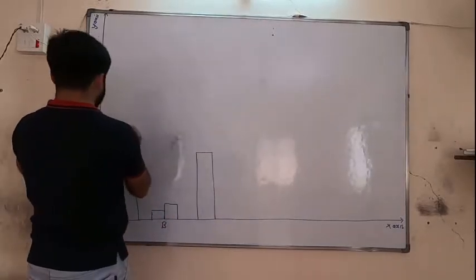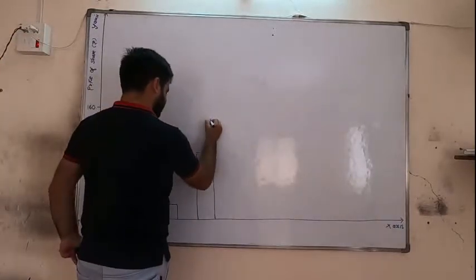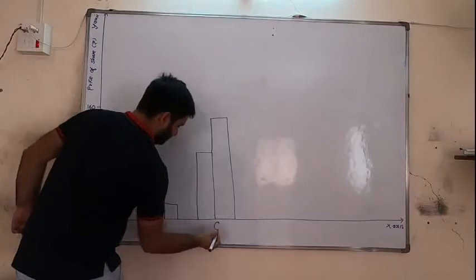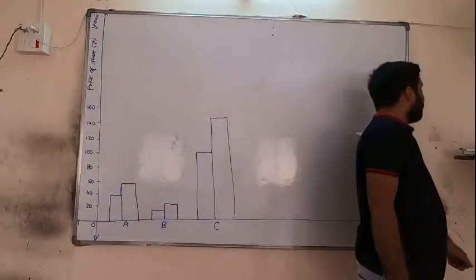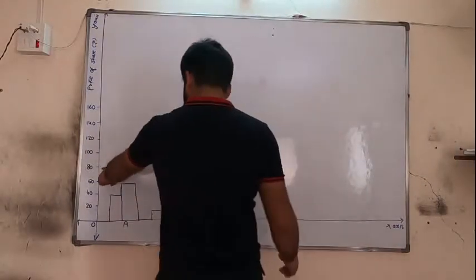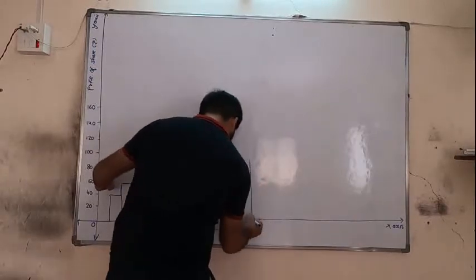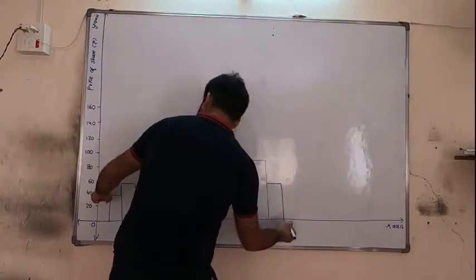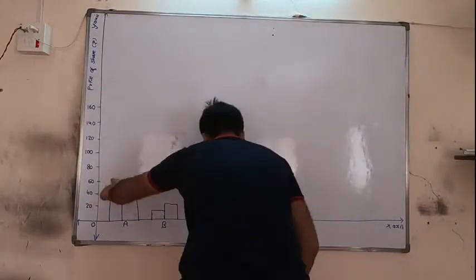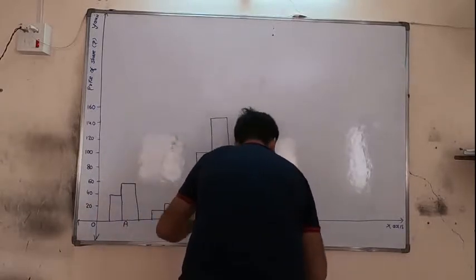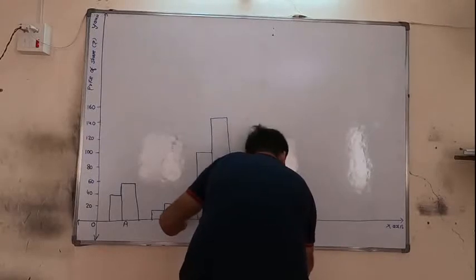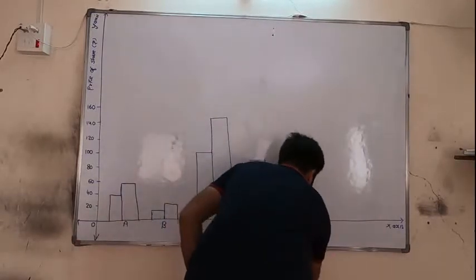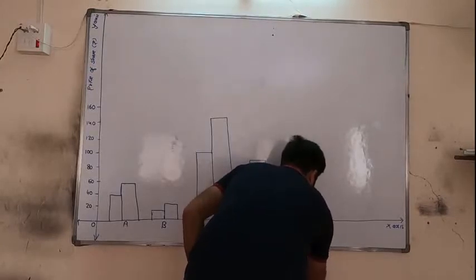This is 100, and between 140 and 160, exactly in the middle, 150. Then 80, 60. And last 30 and 10. Again between 40 and 20, 30, and 10 is between 0 and 20. Somewhat here.